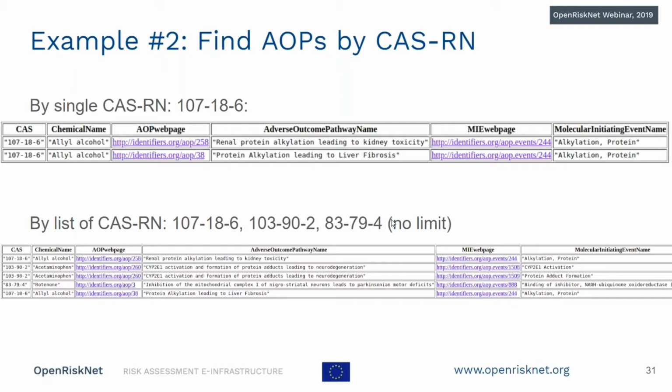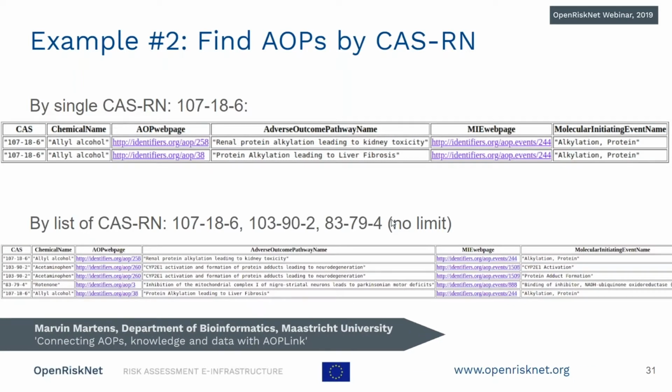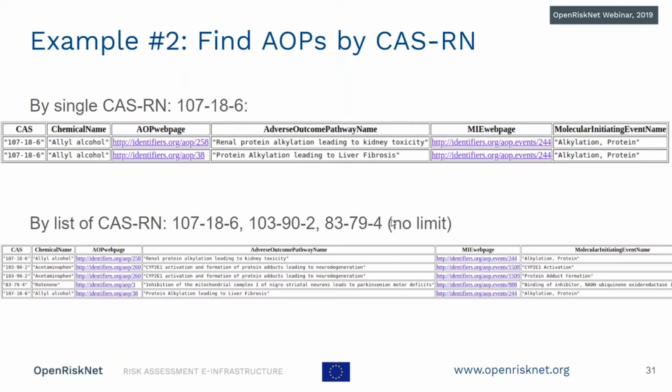In this example, we query for the CAS registry number 107-18-6, which is allyl alcohol, one of the chemicals linked to stressors that cause the AOP that I presented before, the protein alkylation leading to liver fibrosis. We are now able to query in one single query for all of the AOPs that have this chemical related to the stressor.